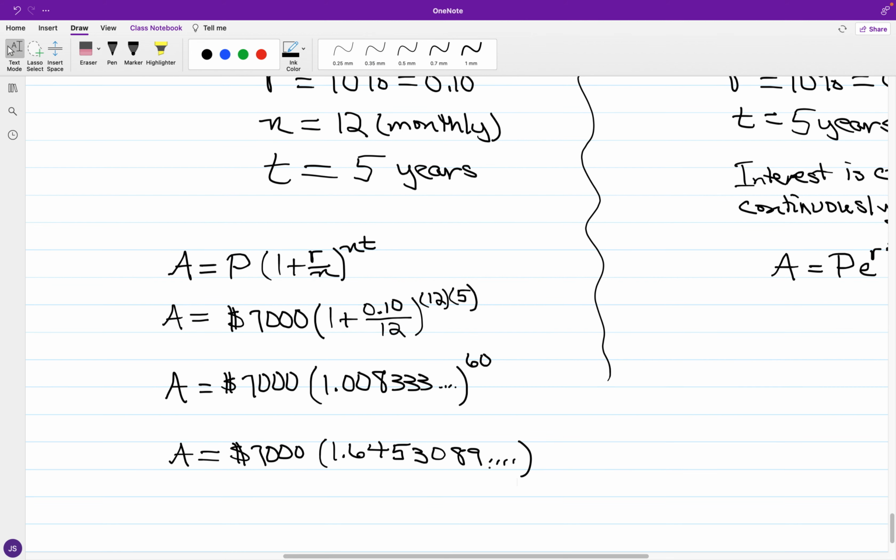Just let the digits carry on out and multiply by $7,000, to the nearest penny. So after 5 years, you're going to have $7,000 grow, taking on an additional $4,500 in interest. The future value you have is right at $11,517.16.